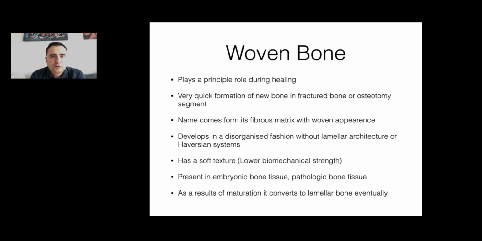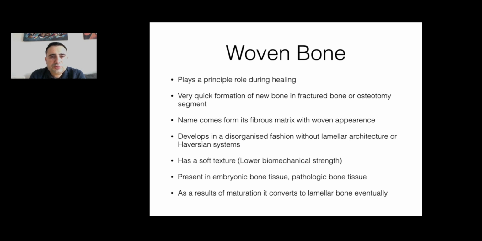Firstly, take a look at woven bone. It plays a principal role during healing. This is a very quick formation of new bone in fractured bone or an osteotomy segment. Initially, this woven bone is formed by osteoblasts, and it is turned to lamellar bone or mature bone in the later phases. It is called woven bone because of the fibrous matrix, which makes up the main part of this bone, giving it a woven appearance.